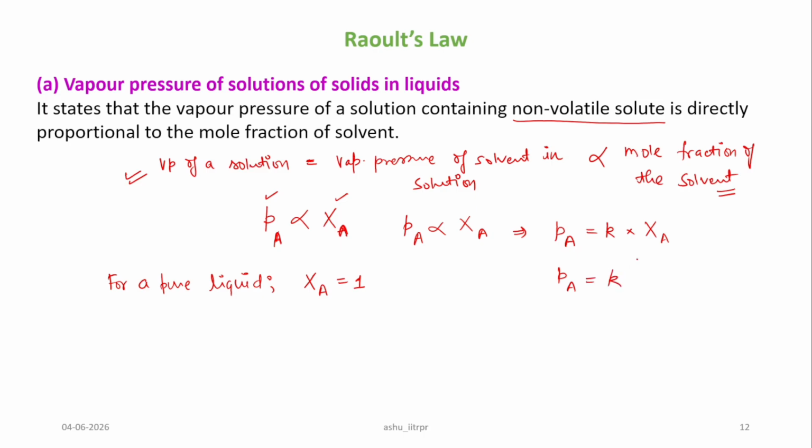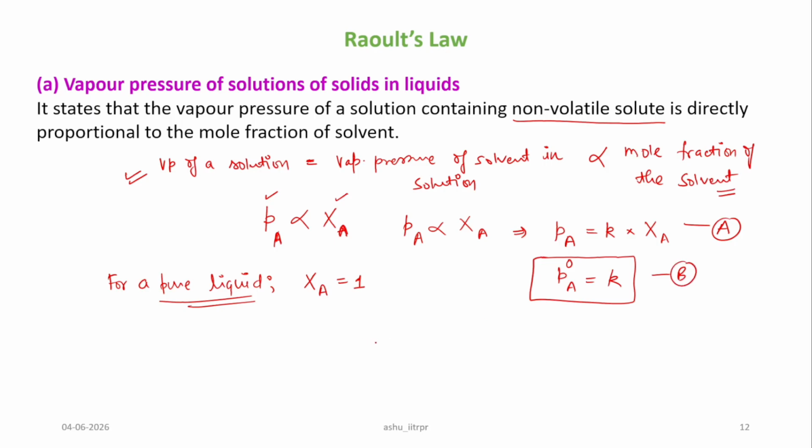PA is equal to K, because chi A is 1. That means K is another constant, which is nothing but the vapor pressure of the pure solvent. The moment I put naught, it means it is for pure liquid. So hence K is P naught.